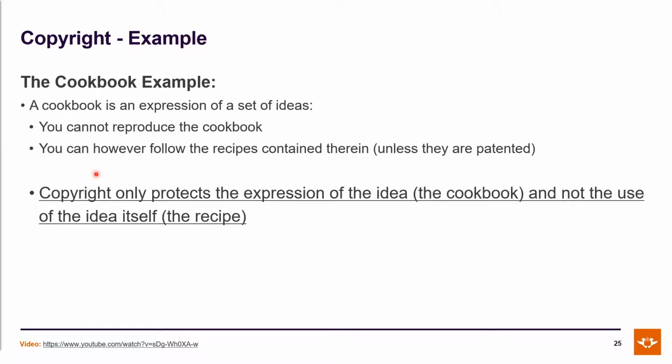So copyright doesn't stop you from selling baked goods that are based on the recipes out of the cookbook. Copyright protects or prevents you from making copies of the cookbook. So as I highlighted here, copyright only protects the expression of the idea, which is the cookbook. It does not protect the use of the idea, which is the actual use of the recipe.